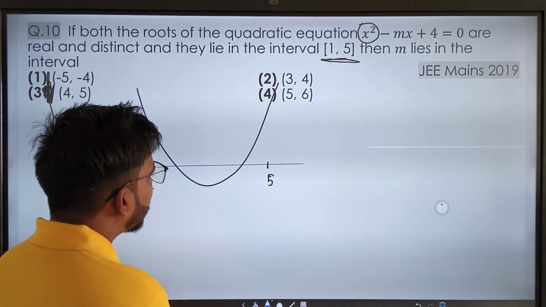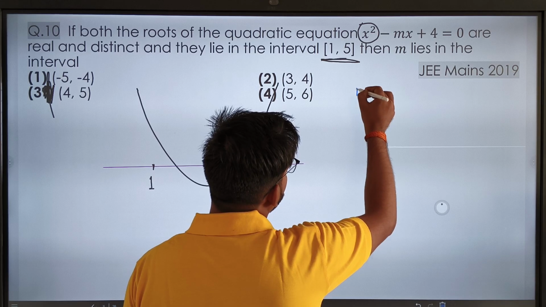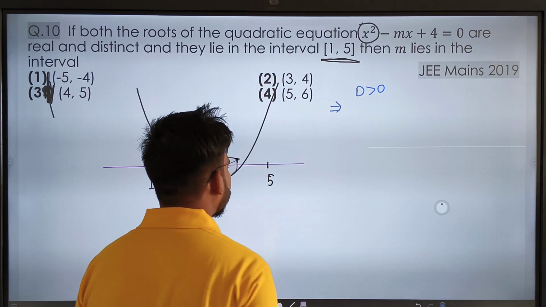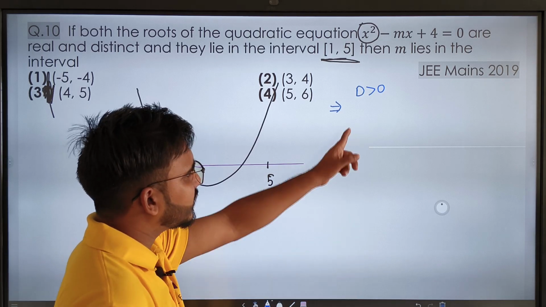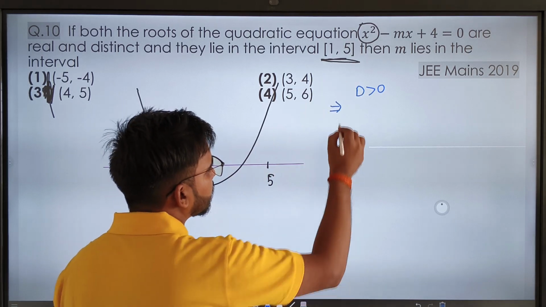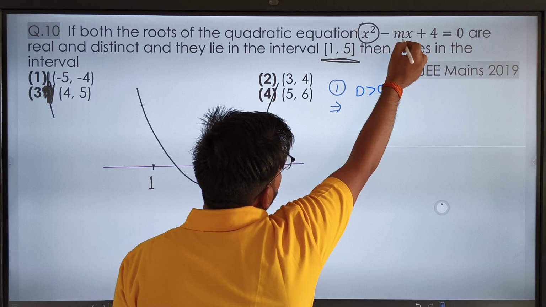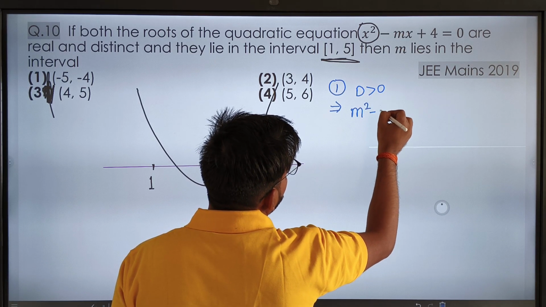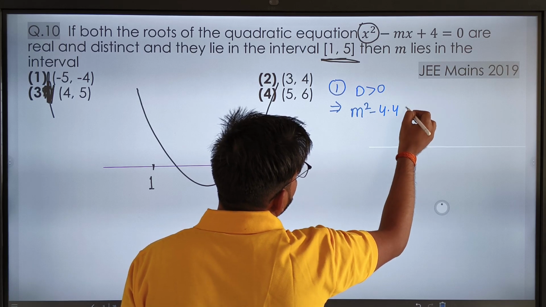First thing, the discriminant should be greater than 0 if they are real and distinct. If the discriminant is greater than 0, it means b square, that is m square minus 4 into 4, is greater than 0.